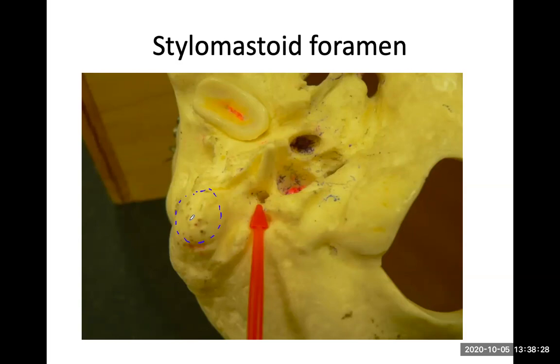So imagine this is literally protruding out of your screen. And the second one that you see is your styloid process, which was the sharp bone that we saw on the earlier picture. There is an opening right between those two, a little hole. And because it's located between these two structures, it's called the stylomastoid foramen.